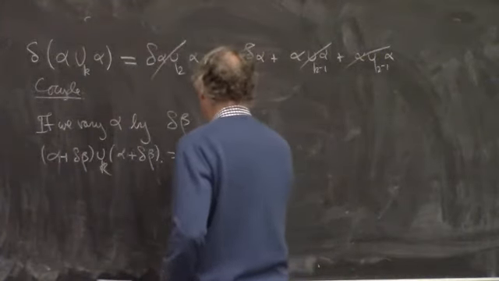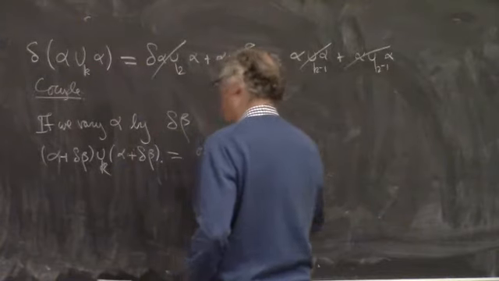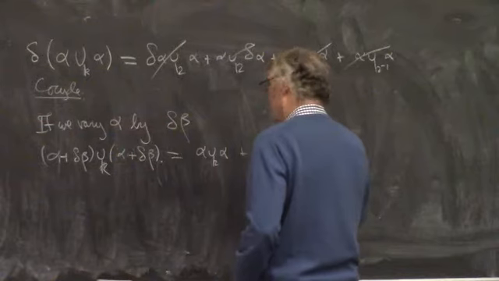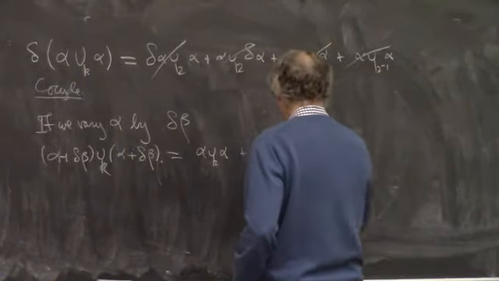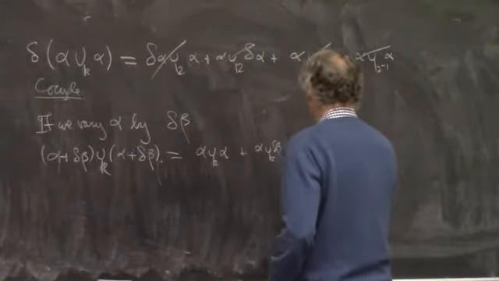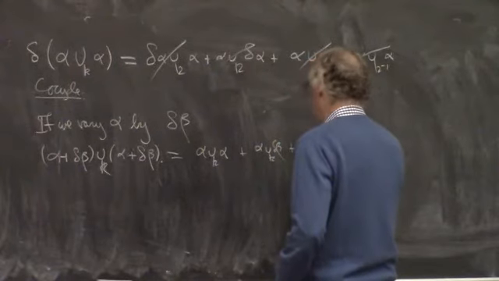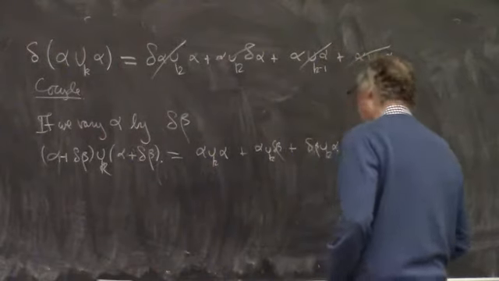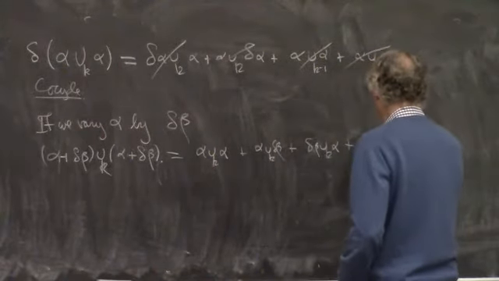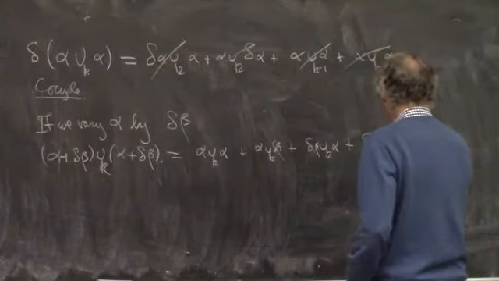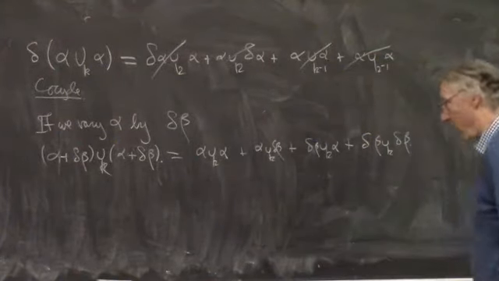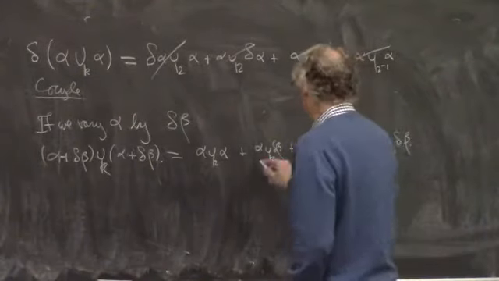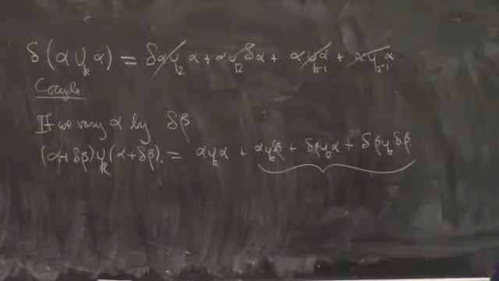By bilinearity, I'll get alpha cup K alpha plus alpha cup K coboundary beta plus coboundary beta cup K alpha plus coboundary beta cup K coboundary beta. I want to claim this is a coboundary.